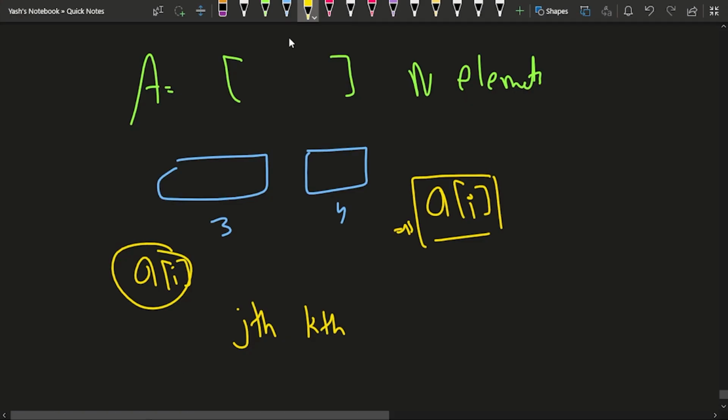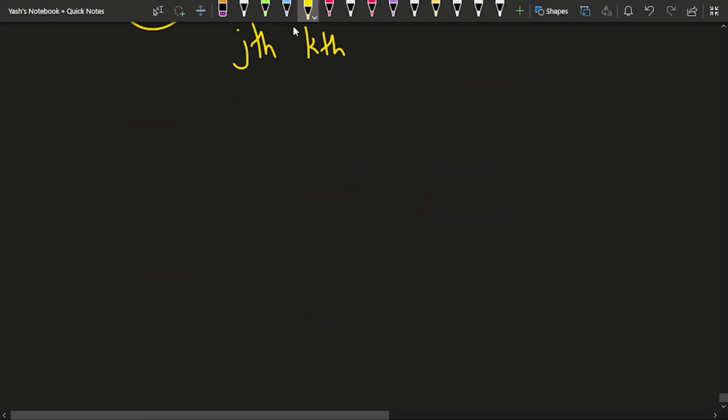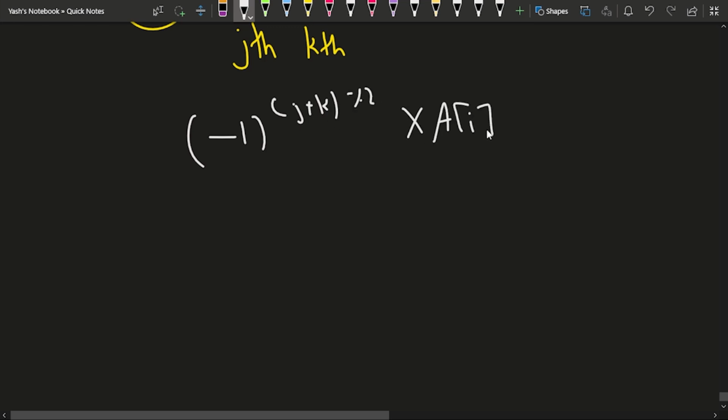So this is the beauty that it will be adding. So basically, if the ai element is present at the jth position in the kth array, the beauty that it will be adding is -1 to the power (j plus k) mod 2 into a of i.